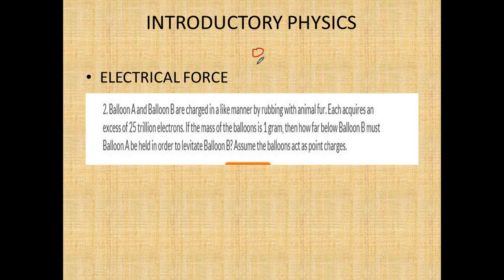So you know that they are negative. When you levitate something, it's held up. Let's call this balloon A, and it's charged negative.